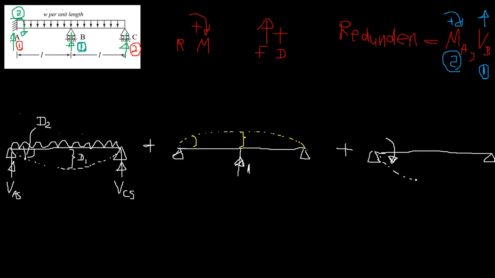If you do like that, you have something like this, and there will be some tension and there will be some displacement due to this unit bending moment, right? Due to this unit bending moment.